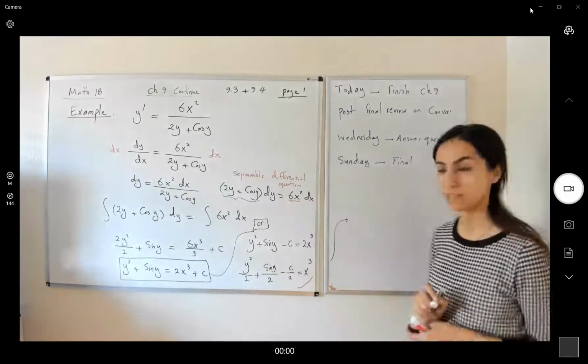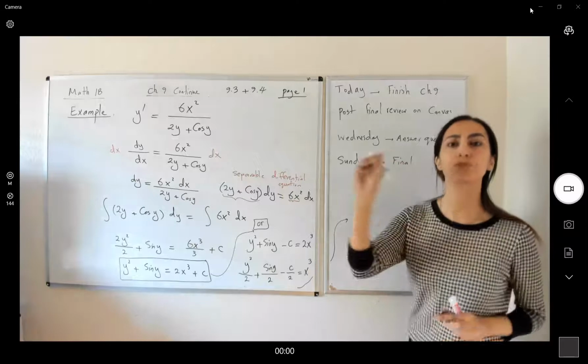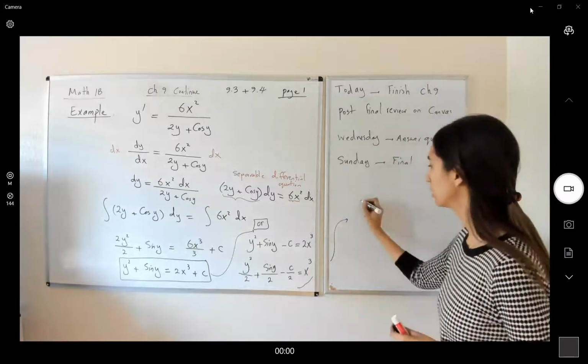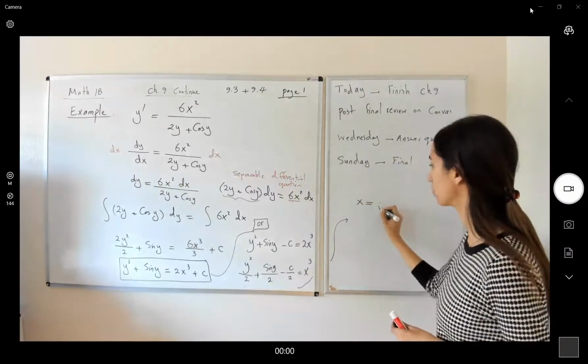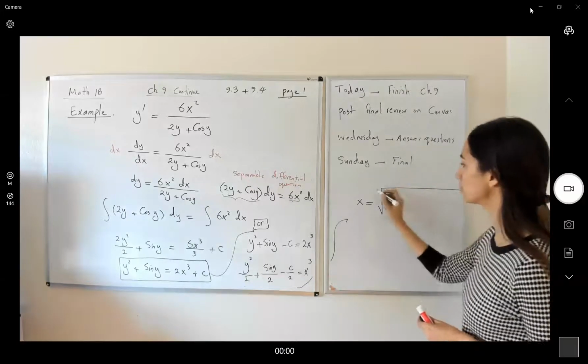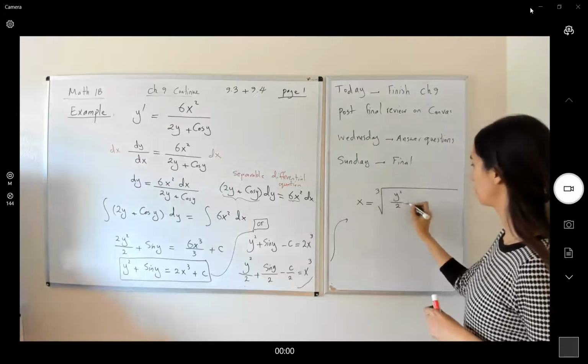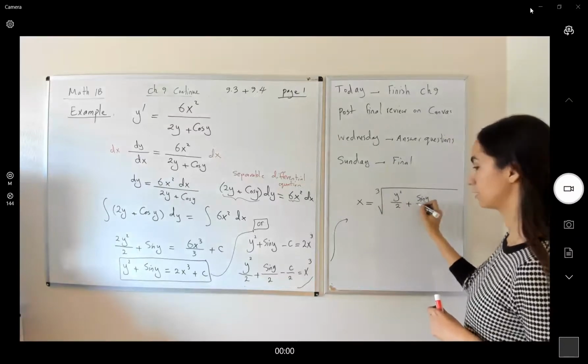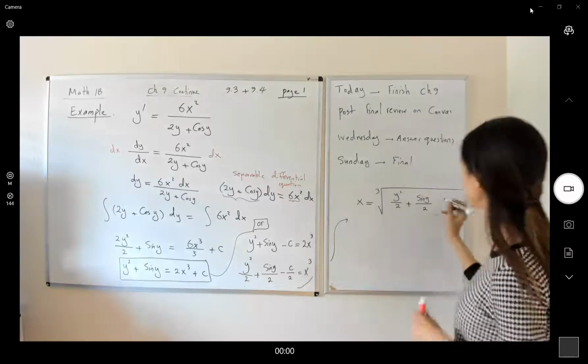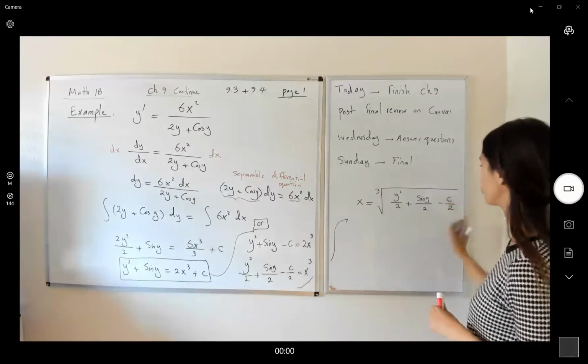And then take the third root of both sides, your x is equal to the third root of y squared over 2 plus sine y over 2 minus c over 2.